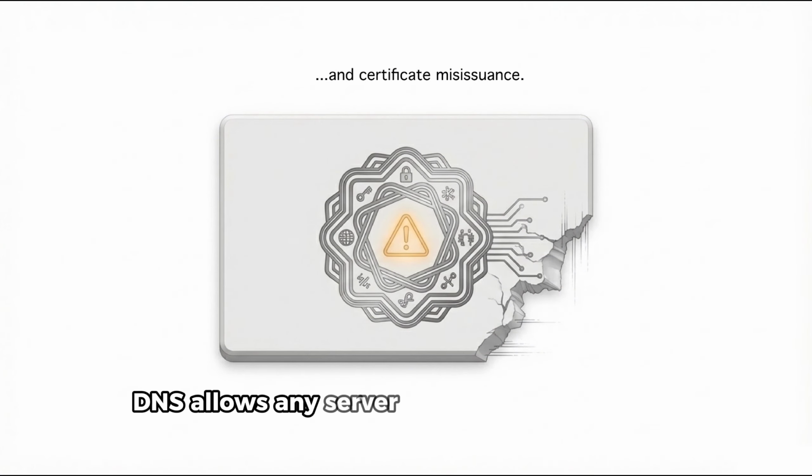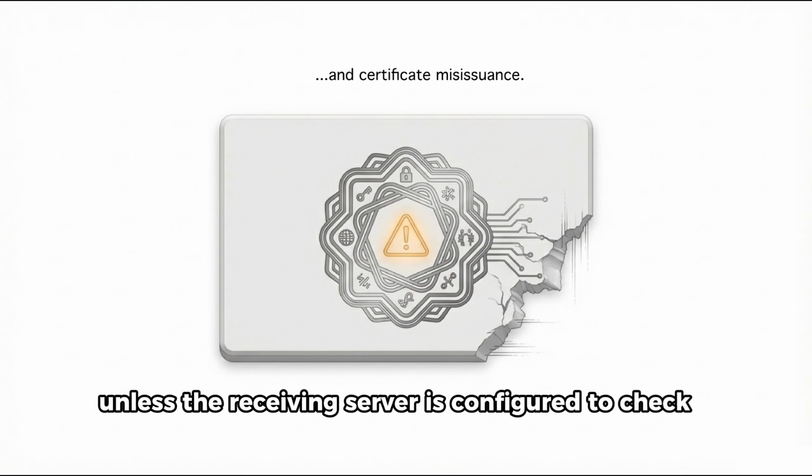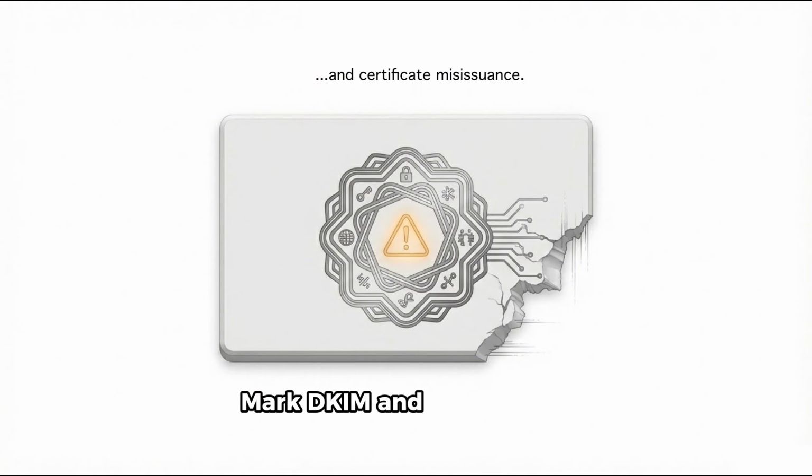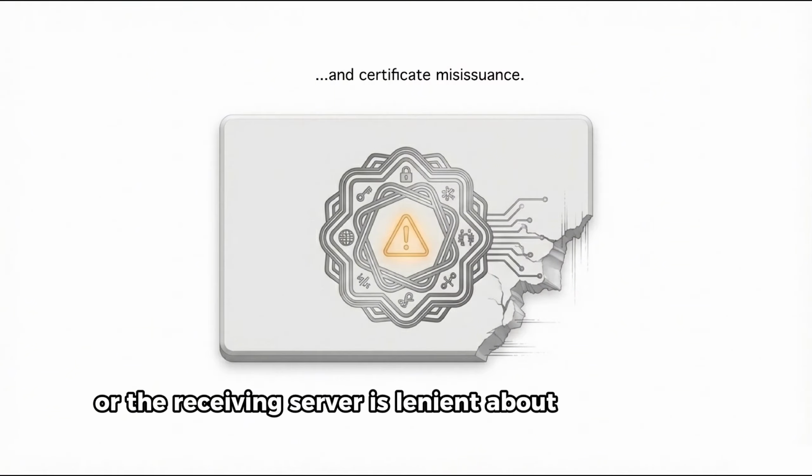DNS allows any server to claim any hostname unless the receiving system is configured to verify that claim cryptographically. Email protocols allow any server to claim any sender address unless the receiving server is configured to check DMARC, DKIM, and SPF records. And even then, the checks can be bypassed if those records are misconfigured or the receiving server is lenient about enforcement.